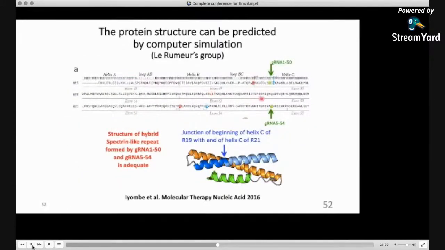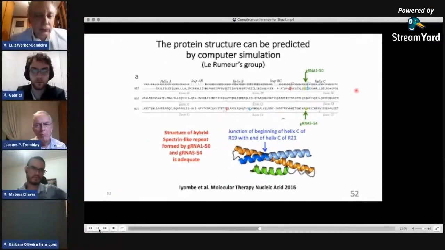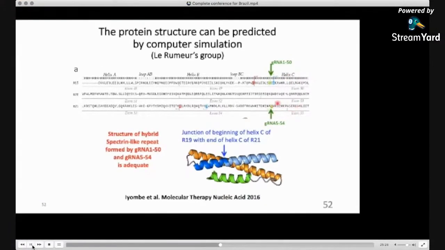As mentioned before, the dystrophin protein contains in its central part 24 spectrin-like repeats, each one being made of 3 alpha helices A, B, and C. We have thus used a guide RNA to induce a cut in exon 50 in a sequence coding for helix C, and another guide RNA inducing a cut in exon 54, also in a sequence coding for helix C. The resulting hybrid exon 50-54 codes for a hybrid helix C, where the beginning of helix C is coded by exon 50 and the end of helix C is coded by exon 54.